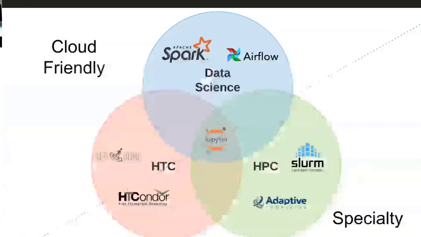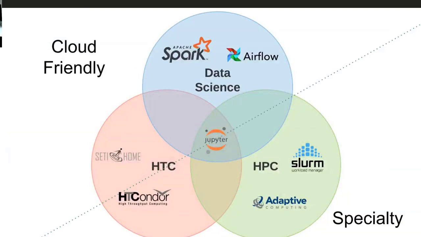But at least on the computational research side, there's three big fields where all this stuff can fit in. We have our data science. This is your classic Hadoop, Spark, Flink data streaming. It tends to be what people think of when they hear machine learning and big data. You have HTC, or high throughput computing. This is almost like embarrassingly parallel computing.